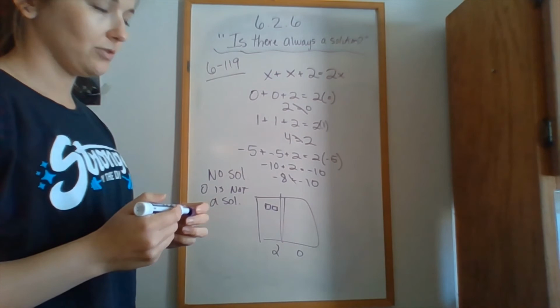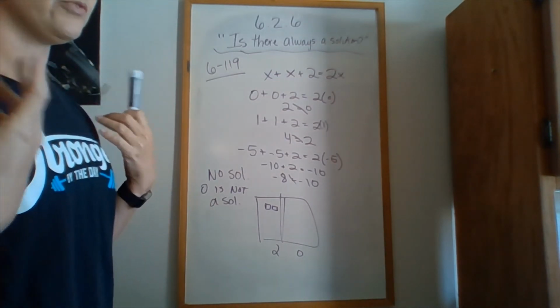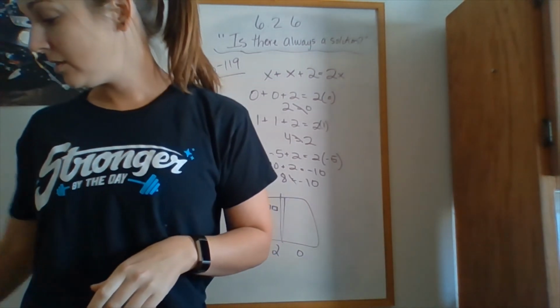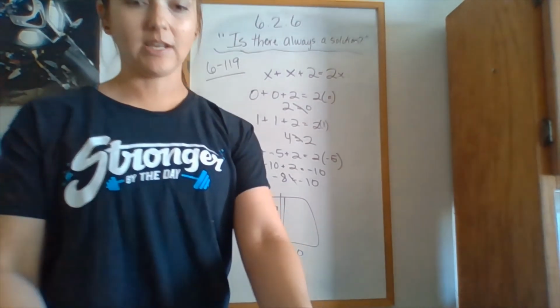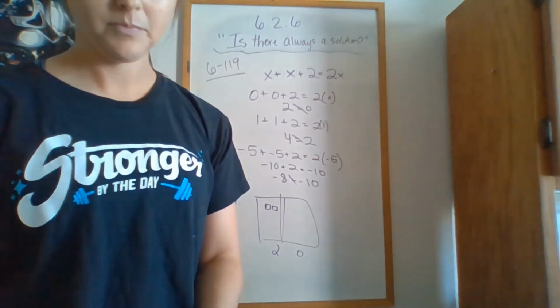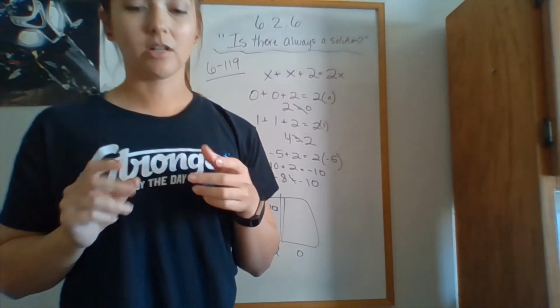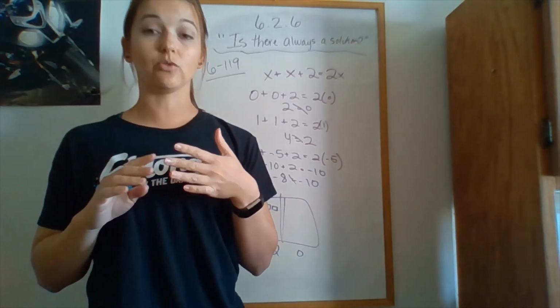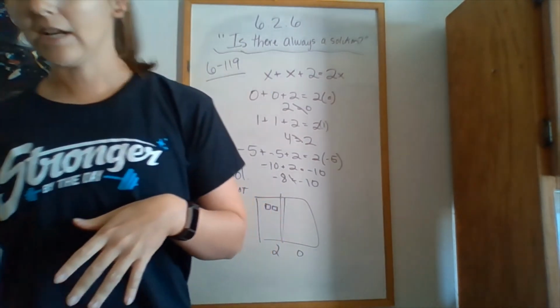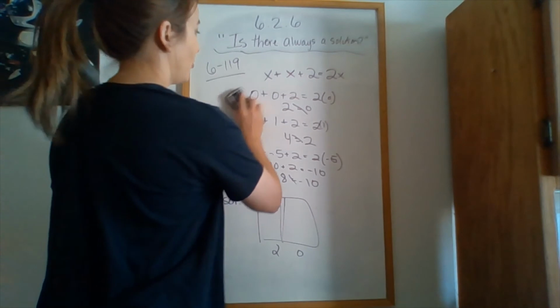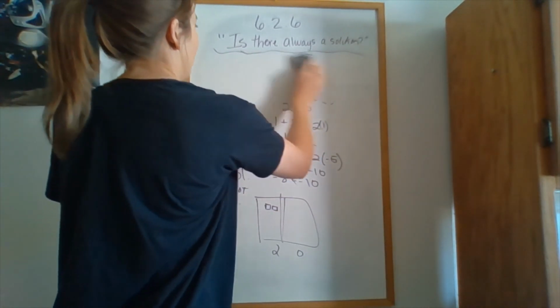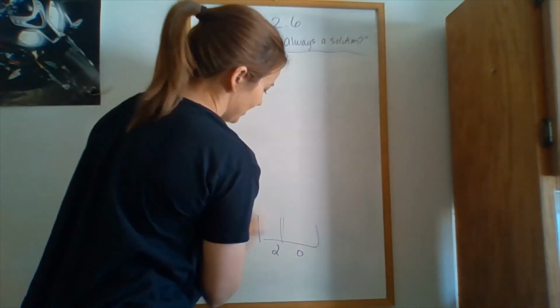Okay, so we've learned about this new thing about equations having either one solution, no solution, or infinite solutions. And I'm just going to put a quick little summary of what they look like.